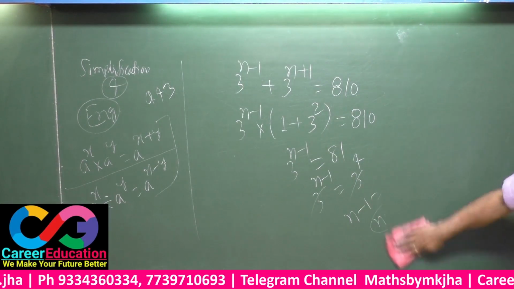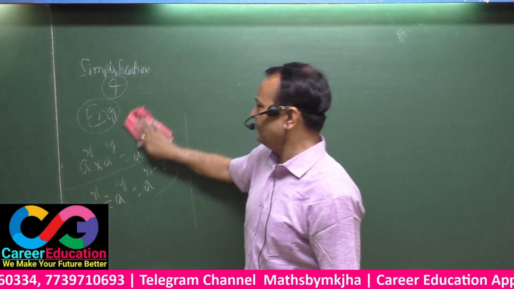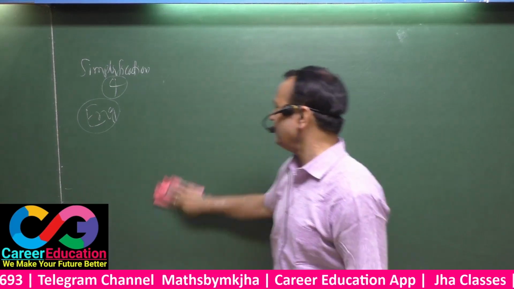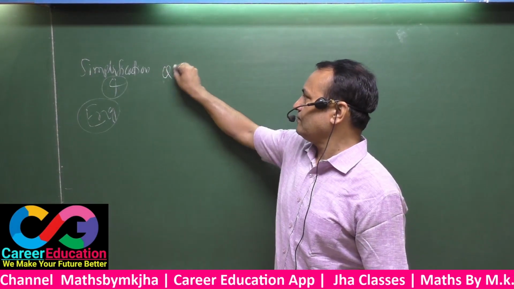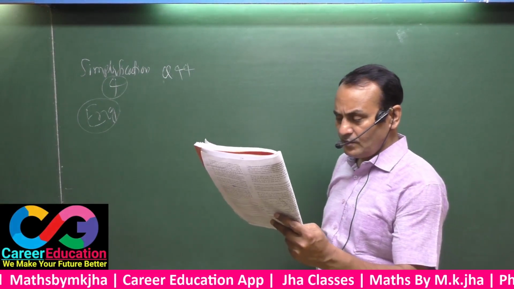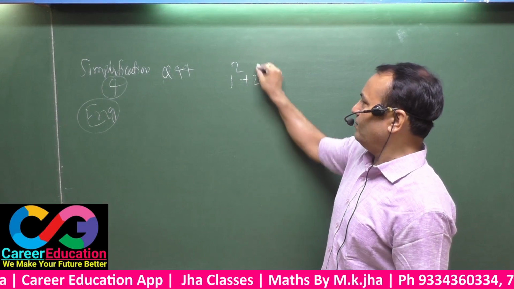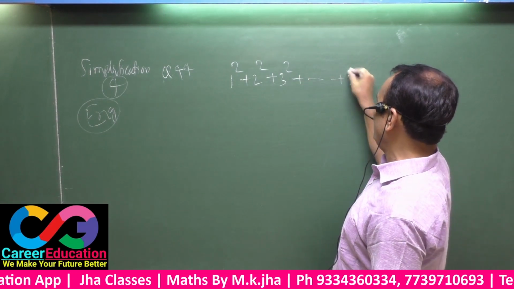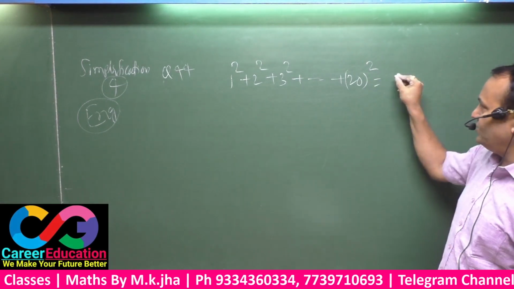Next question is 44. See here. 1 square plus 2 square plus 3 square plus dotted lines up to 20 square equals the given value 2870.